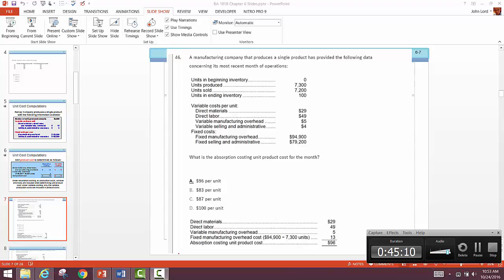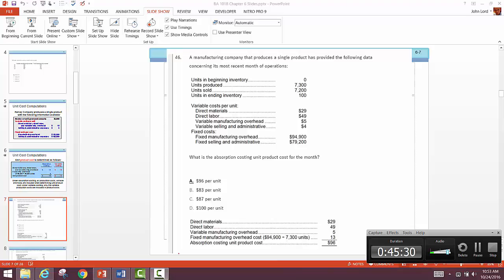$83. What was it? $83 per unit was our variable cost, right? $83 per unit on our variable cost times, and we produced what, 7,300 units?